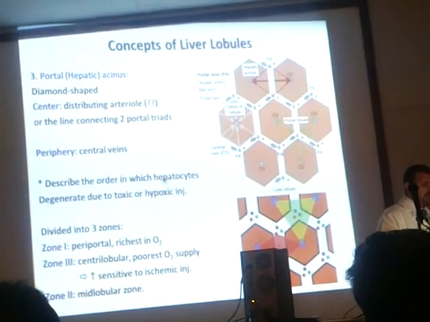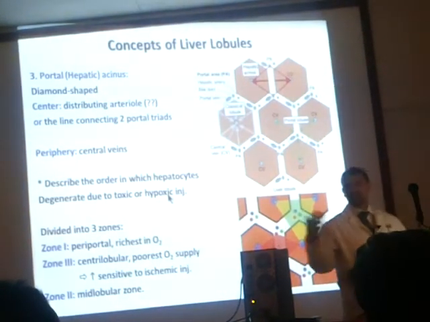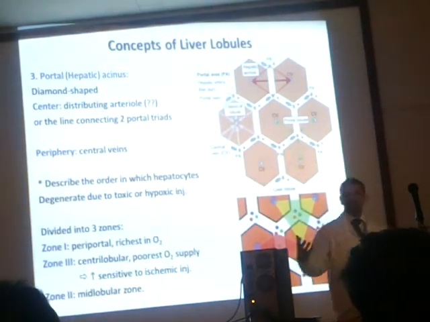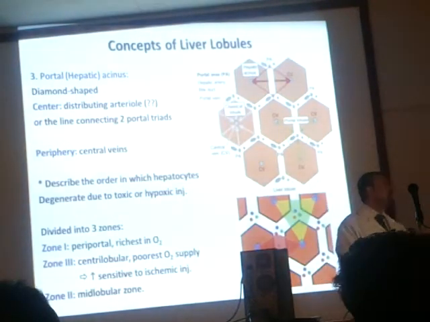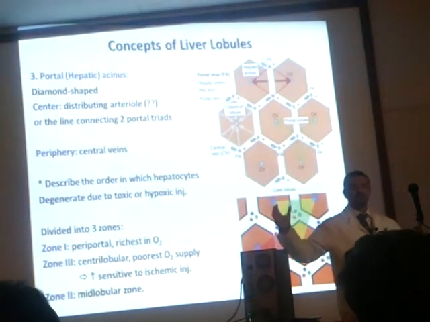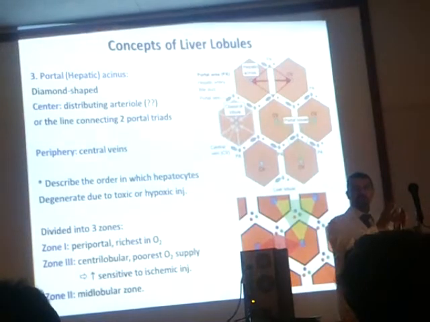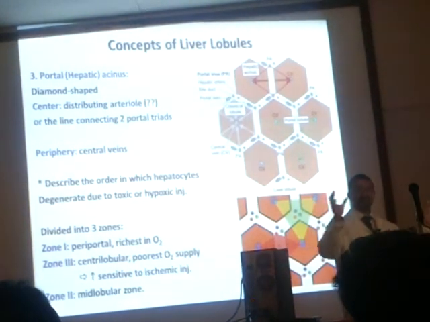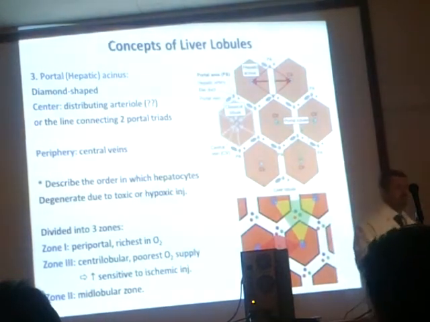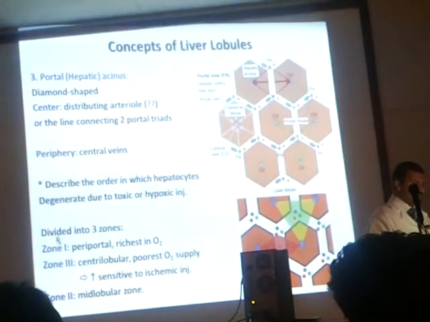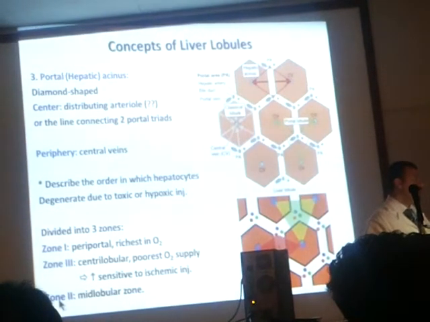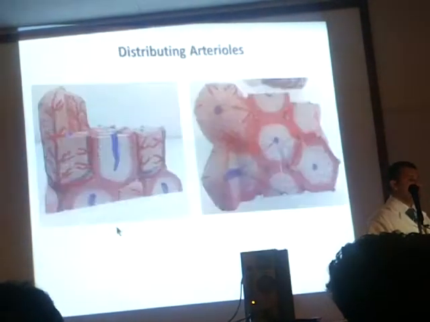So it describes the order in which hepatocytes degenerate and die due to toxic or hypoxic injury. What's hypoxic? Loss of oxygen supply. So how do they die? Again, from the central vein back into the periphery, the distributing arterioles. So zone 3, then zone 2, then zone 1. So we have 3 zones. Zone 1, the periportal. Zone 3, the centrilobular, and zone 2. So this is the hepatic acinus.